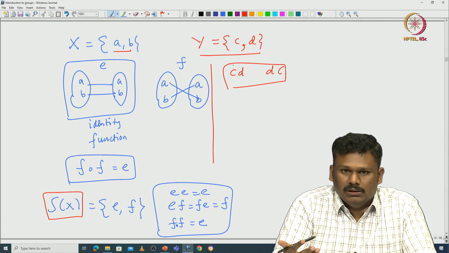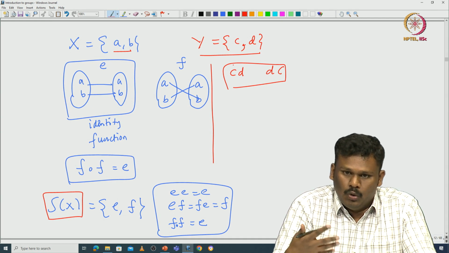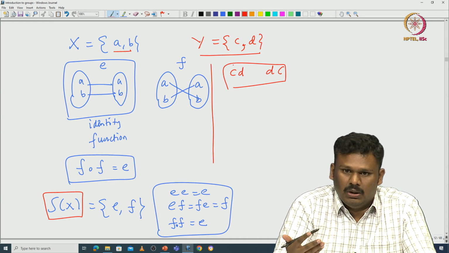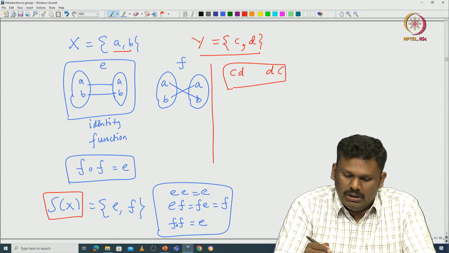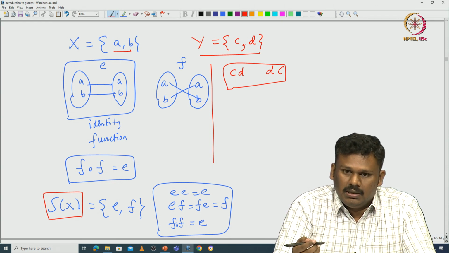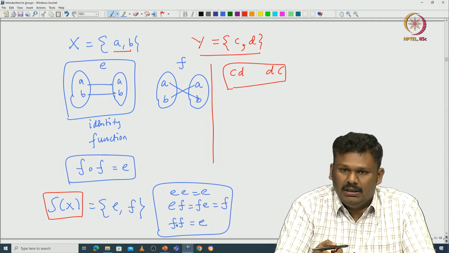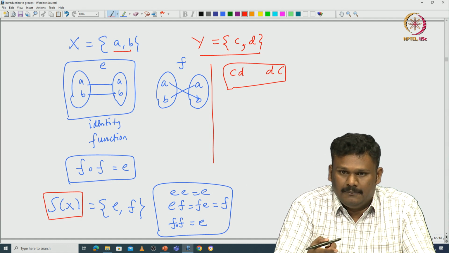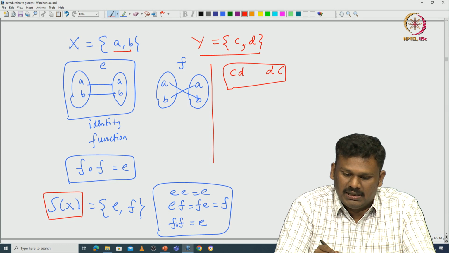This is something we will make more precise, and it is called isomorphism between groups. Intuitively it is clear that the way the group acts on A B or C D is the same. The identity element keeps the first position as it is, and the second position as it is. This element F just switches the first position and the second position.